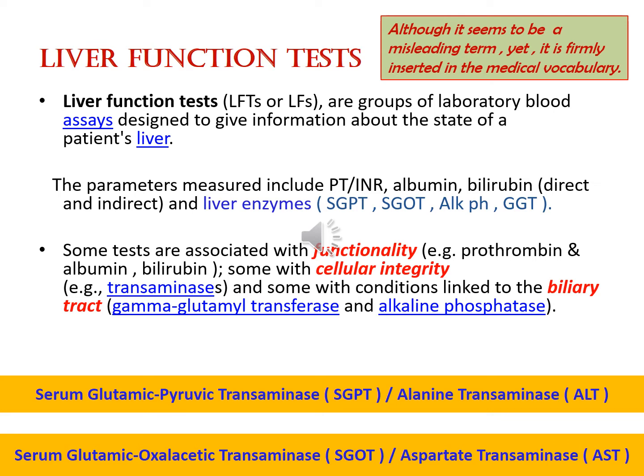Some tests are associated with functionality, like prothrombin time, albumin, and bilirubin. Some with cellular integrity, like transaminases, and some with conditions linked to the biliary tract, like gamma glutamyl transferase and alkaline phosphatase.